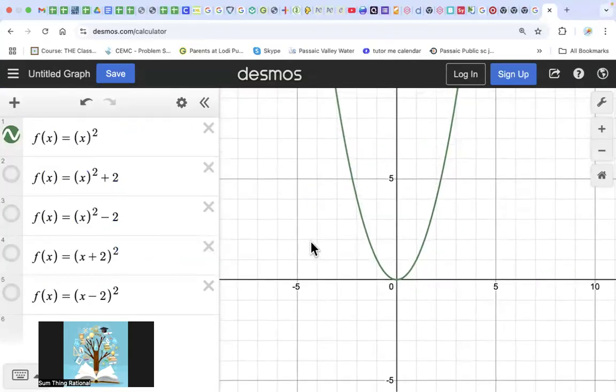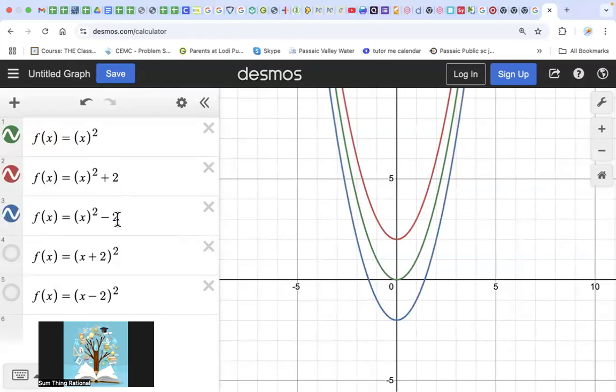When I add something outside of x squared, you see it's a vertical shift, and the red graph came out. It goes 2 units up. When I subtract something from x squared, it goes 2 units down, which is the blue graph. So adding or subtracting something outside of the x square shifts your graph up and down.